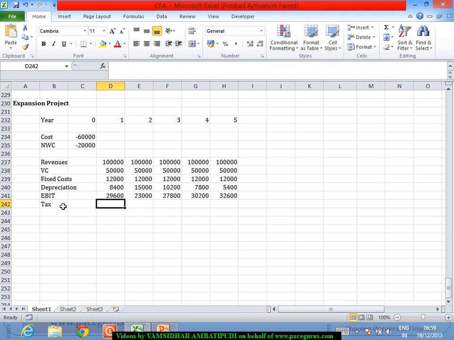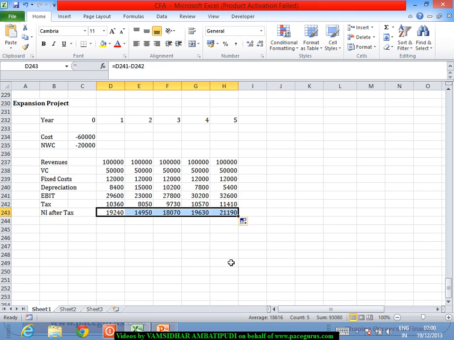So the taxes for me are 35% of the EBIT, working out to 10,360 in the first year, and it is changing at this rate for the next few years. And from here I can find out the net income after tax. So the net income after tax is coming out to be 19,240 in the first year.